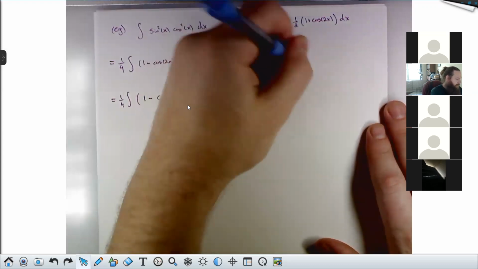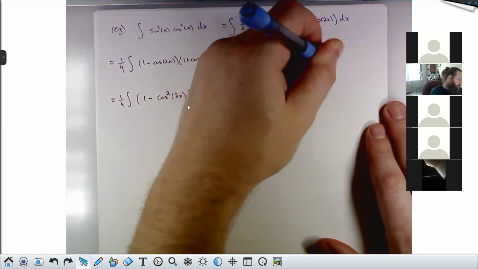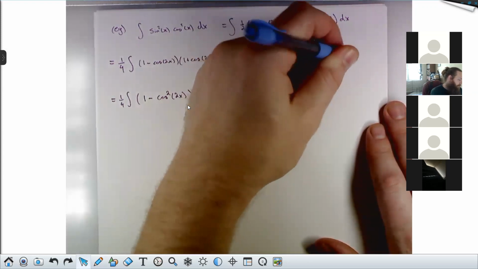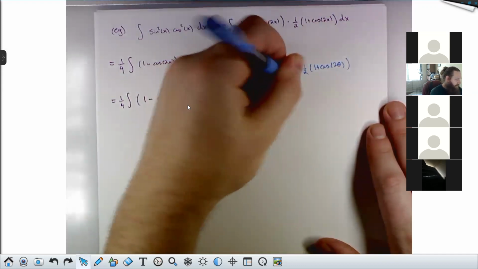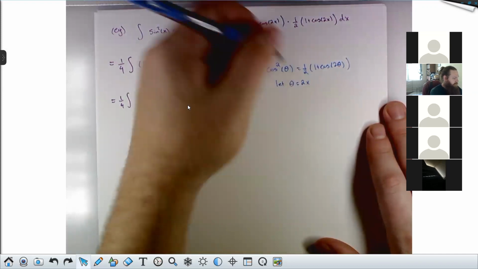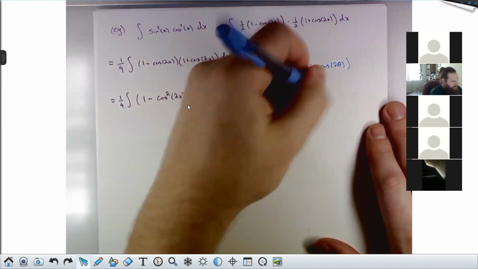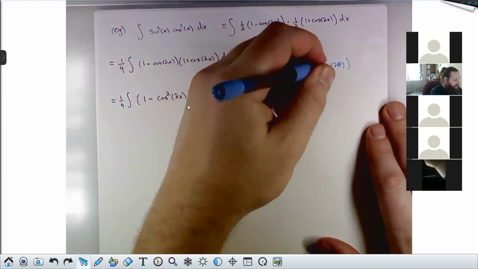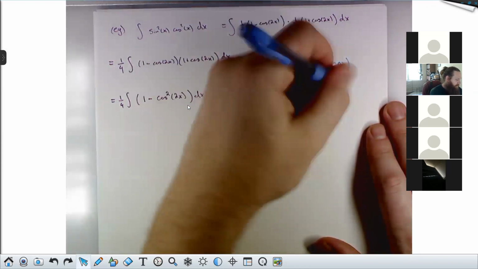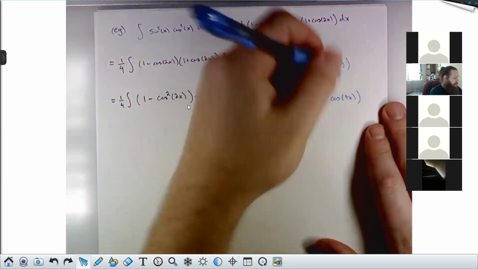Cos squared theta is 1/2 times 1 plus cos 2 theta. If you let theta be 2x, then you get cos squared of 2x is equal to 1/2 times 1 plus cos of 2 times 2x, which is 4x.